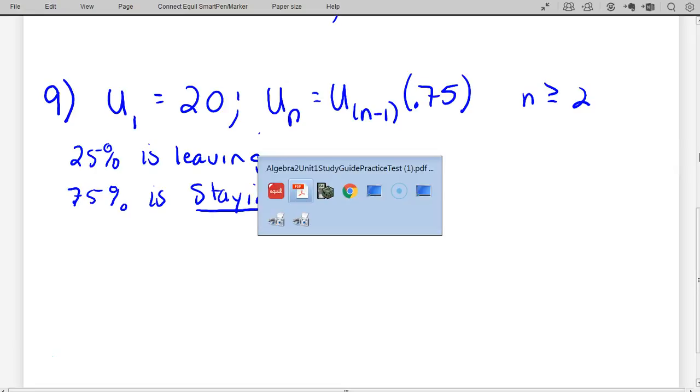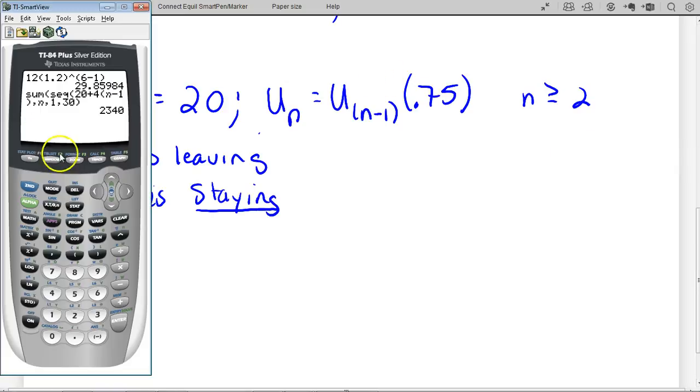And I think I put this in my calculator already. Did I write it? Oh, you guys, check this. If you go into your y equals, oh, it's gone. Maybe it's not gone. Oh, no, it's gone.